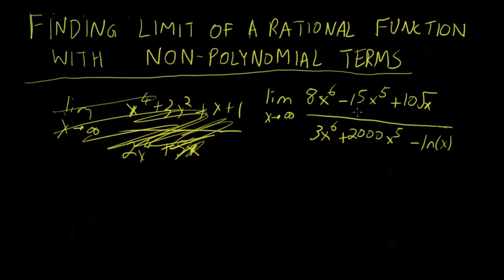Now some of you may be able to look at this and find the answer just by realizing that as x gets bigger and bigger, relative to the x to the 6th term in the numerator, the x to the 5th term and the square root of x term become increasingly irrelevant, and the numerator can be approximated by 8x to the 6th.